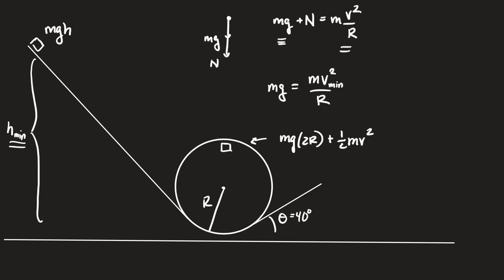It's 2r because, of course, we are at a diameter above the ground. Thus, 2r for the height. So I think you guys know what to do next. You do the work. H has to be 5/2 r.